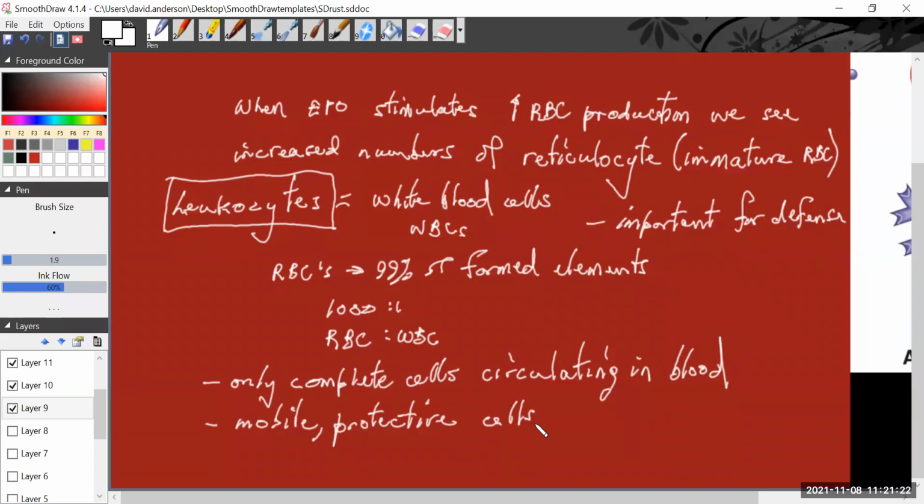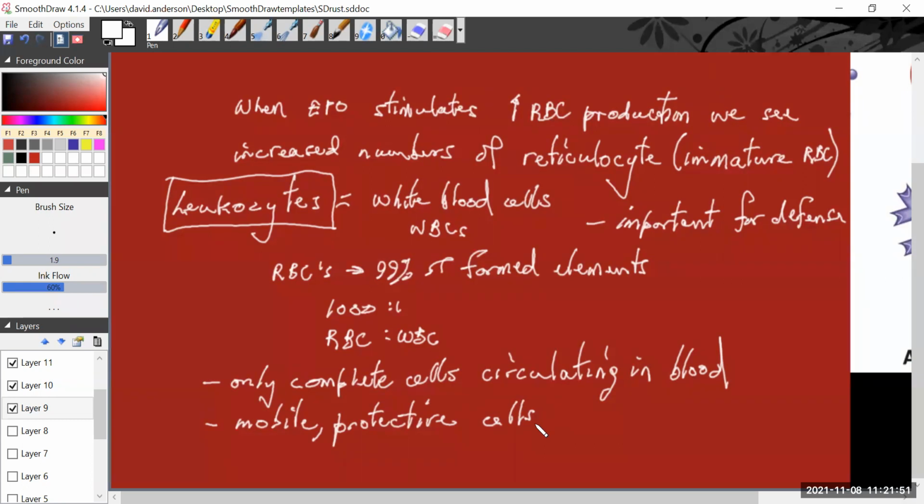So red blood cells always function within the bloodstream and don't leave the bloodstream unless there's an injury, whereas white blood cells can move in and out of blood vessels depending on whether they're needed in tissues for infection purposes or repair purposes, things along those nature. So whenever these white blood cells are required for defense, their production increases.